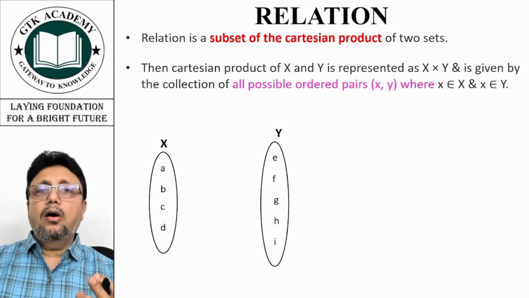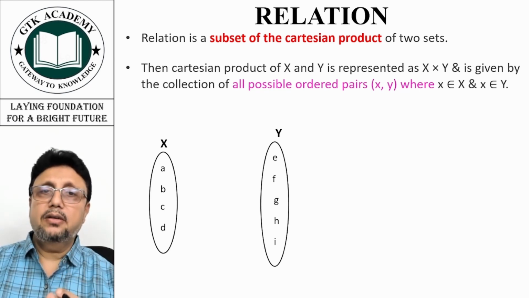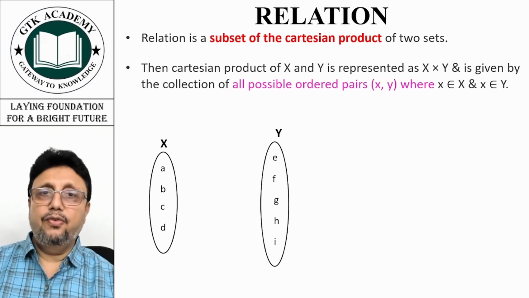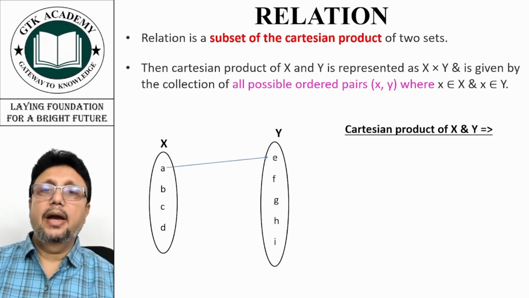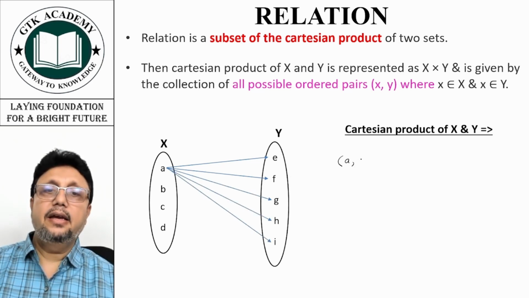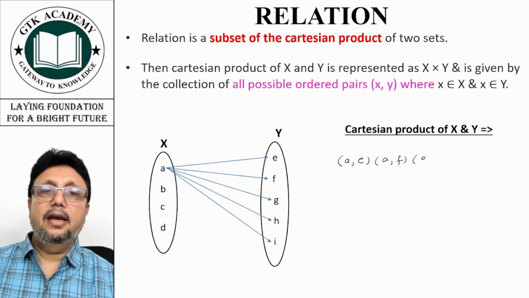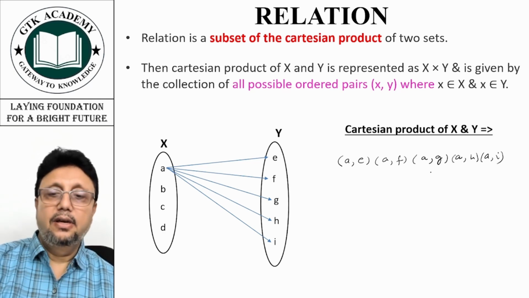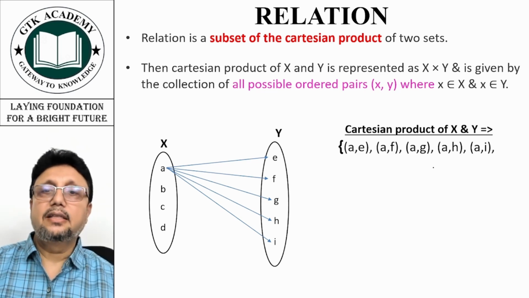Now, how many possible ordered pairs are there if we take X cross Y? A can be mapped to e, f, g, h, i. It can be written as (a, e), (a, f), (a, g), (a, h), and (a, i). Right? So we'll write it like this.